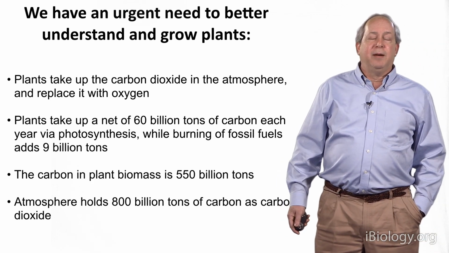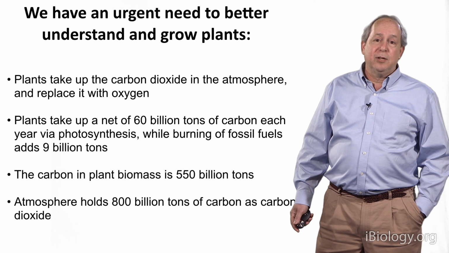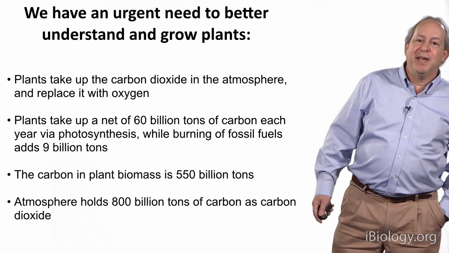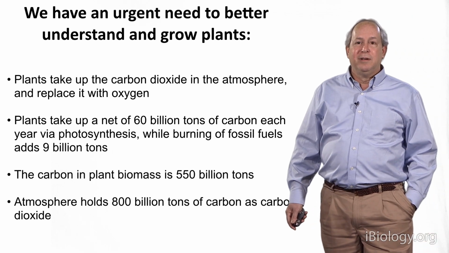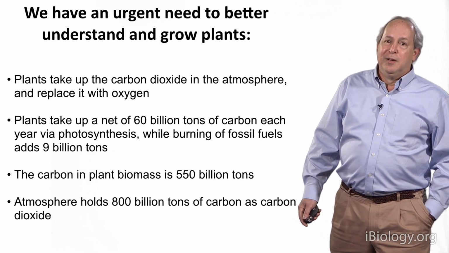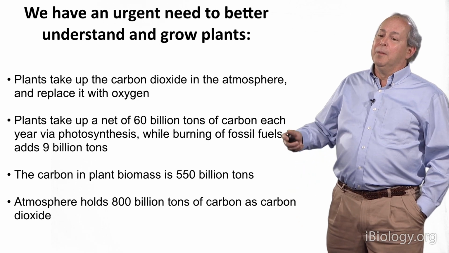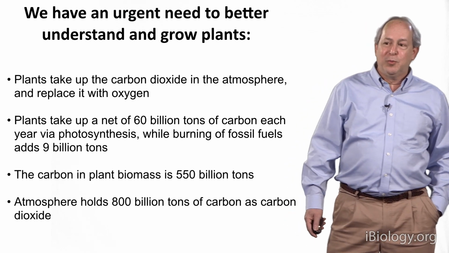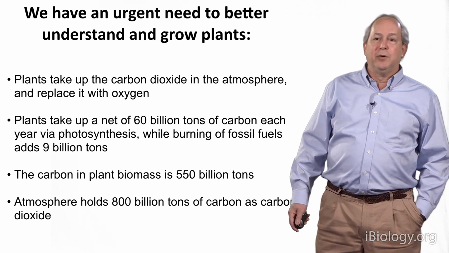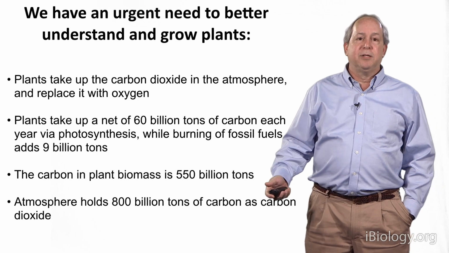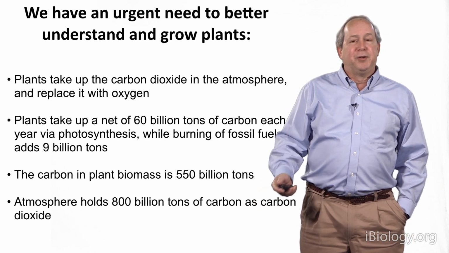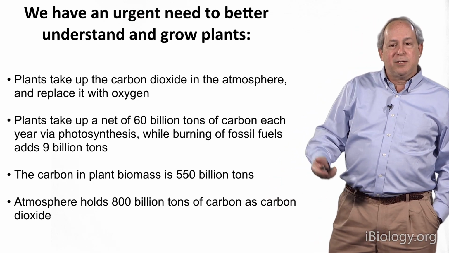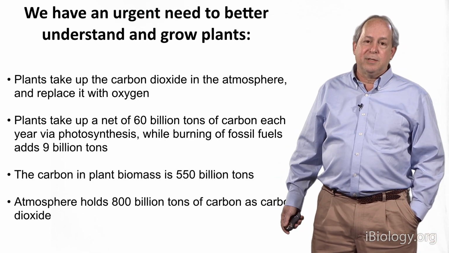The carbon in plant biomass on land is about 550 billion tons. The entire atmosphere holds 800 billion tons of carbon as carbon dioxide. So plants play a major role in carbon balance in the atmosphere, and they can play it either way. If we can encourage plants to photosynthesize more or grow more plants on the land that we have, they'll take up net carbon and help us to reduce the effects of the excess carbon that the burning of fossil fuels causes.